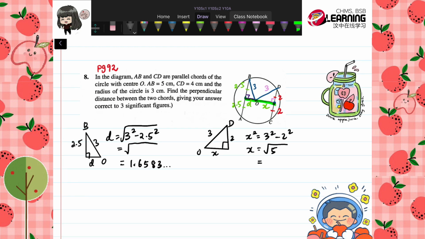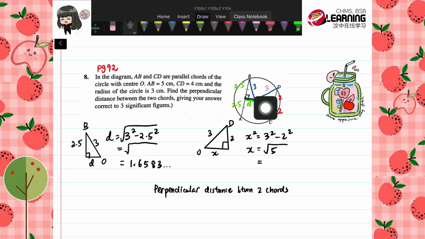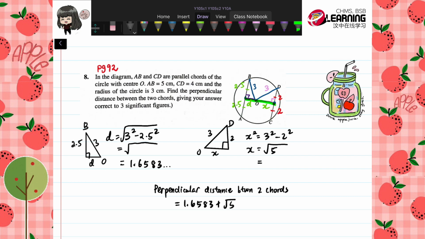Okay, so your total perpendicular distance between two chords, this green line, is D plus X. So it's 1.6583 plus square root of 5, or plus the number that you already square rooted.